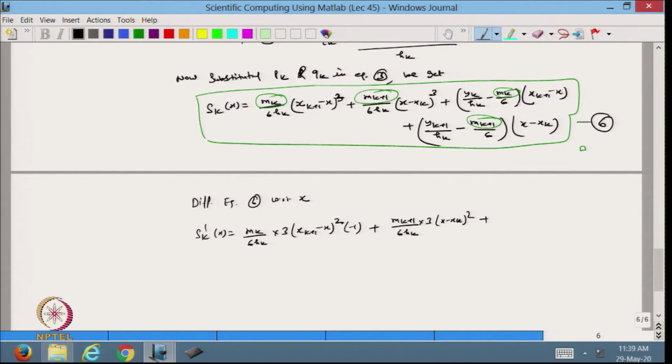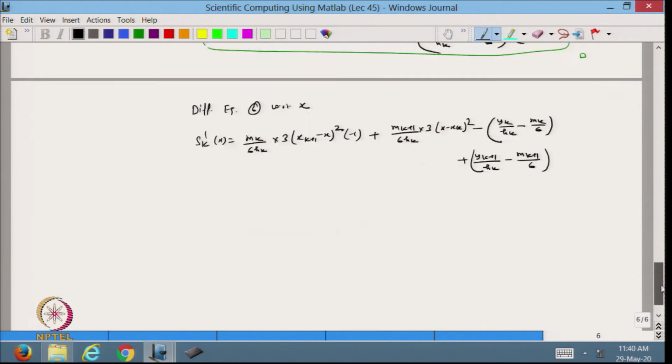So these are all constant terms, so I will get only minus yk over hk minus mk by 6, because this is the coefficient of x. So I will get minus 1, so that will be there, plus the other terms divided by six. So that is the expression for this.